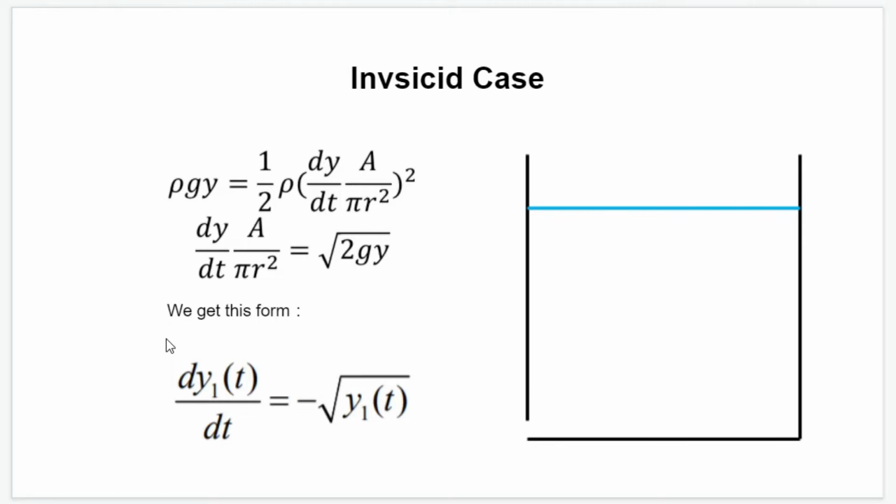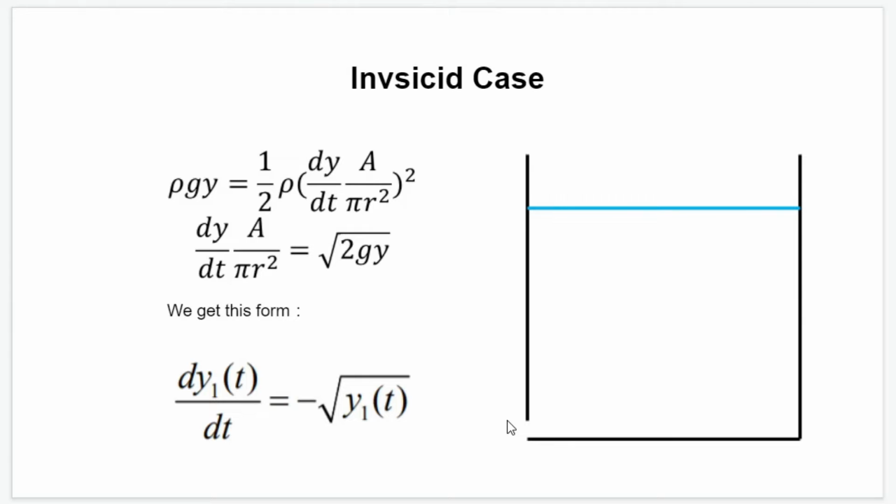Now I'm going to explain the math behind a single clepsydra. Case one is the inviscid case, which just looks like this. There is a hole in the bottom, so we can find the rate of water flowing out of this container using conservation of mechanical energy.